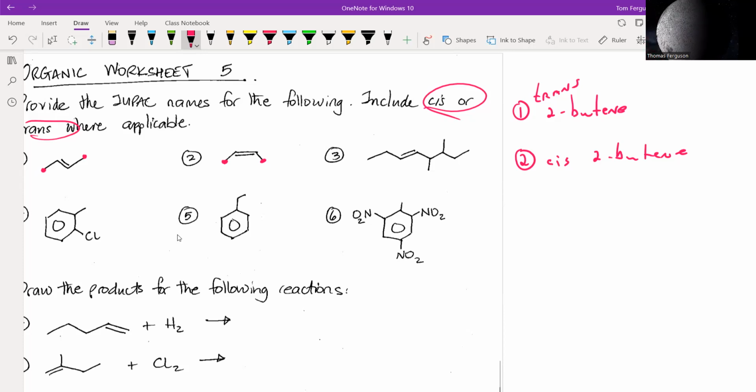So the trans would have less steric hindrance. In other words, they're not bumping into one another. So in this case, the trans would be more stable than the cis. Okay.